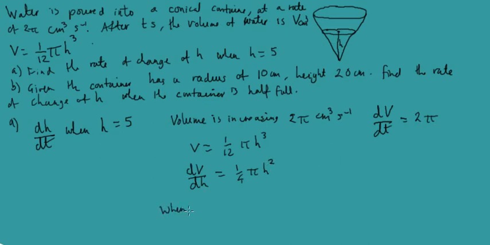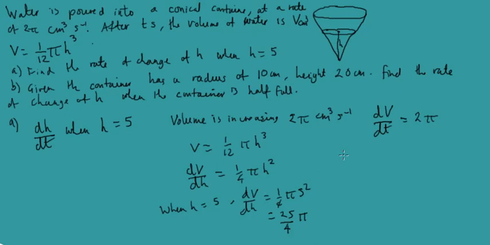When h equals 5, dV by dh is going to be a quarter pi times 5 squared, which gives us 25 over 4 pi.